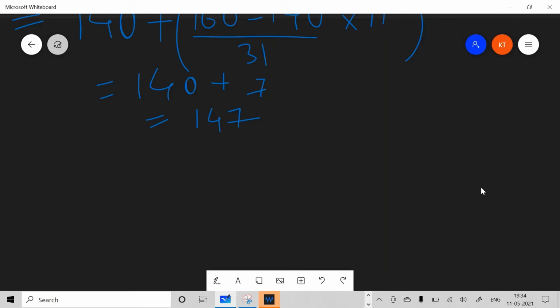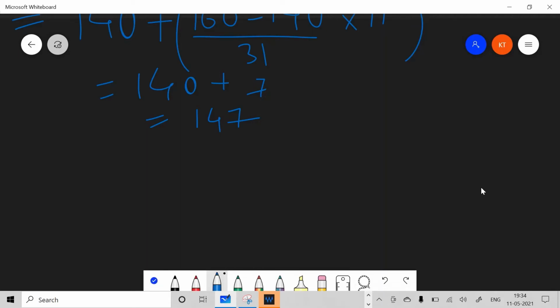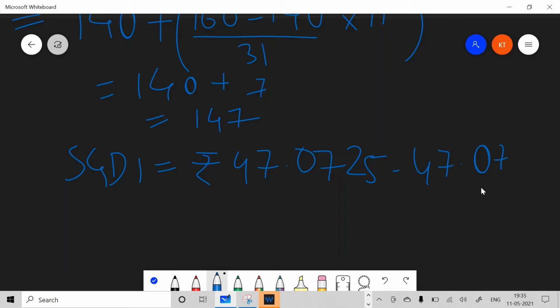Now we can write the swap points in reverse order and then solve it. So the spot that we were given was SGD 1 equals rupees 47.0725, 47.0745.